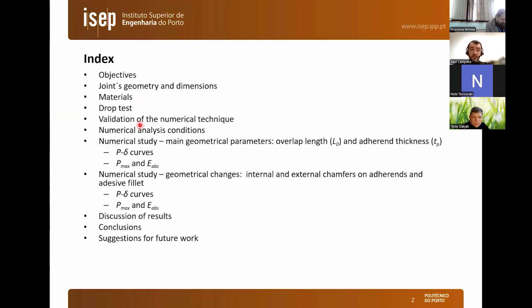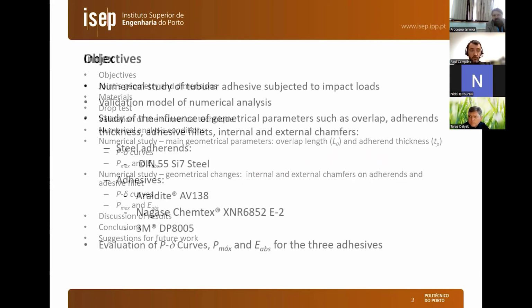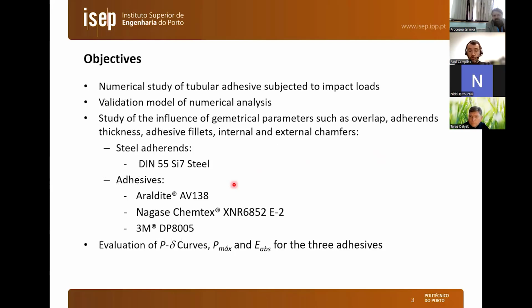We will study different geometric modifications, such as the overlap length and adhesive thickness, and we will address also geometrical modifications at the level of the overlap, such as chamfers and fillets, so that we can maximize and propose an optimized geometry for this type of joints. We will conclude with the conclusions and suggestions for future work.